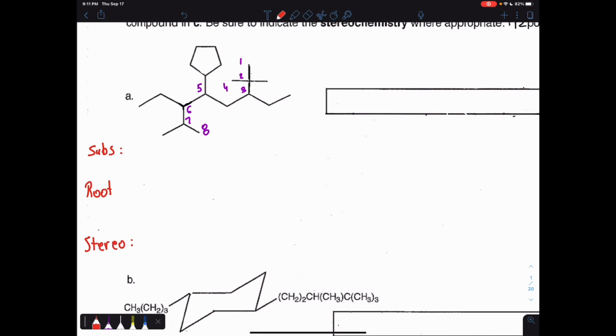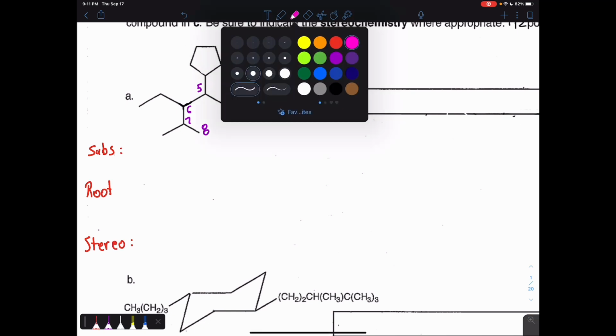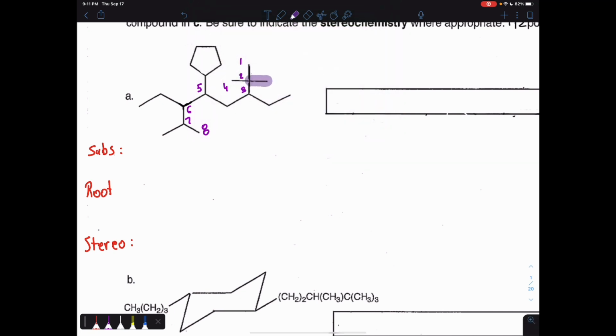Looking at subs, I know that I have 2 methyls on carbon number 2, and a methyl on carbon number 7. So that tells us it's going to be a 2,2,7-trimethyl. The second thing is, on carbon number 5, we have a cyclopentyl, so 5-cyclopentyl.